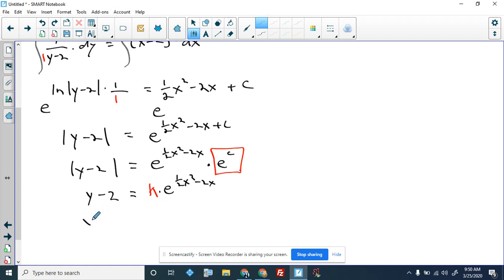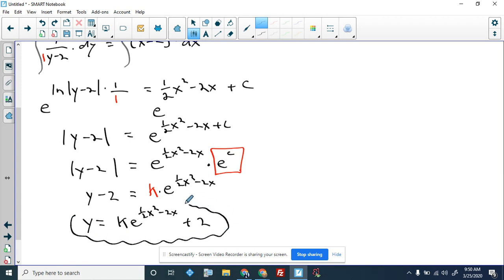So now to solve for y, I'm just going to add 2 over. So I get y equals k e to the 1/2 x squared minus 2x, and then plus 2. This would be my explicit general solution. It's explicit because I'm solving y explicitly in terms of x. It's general because there's a constant in there.